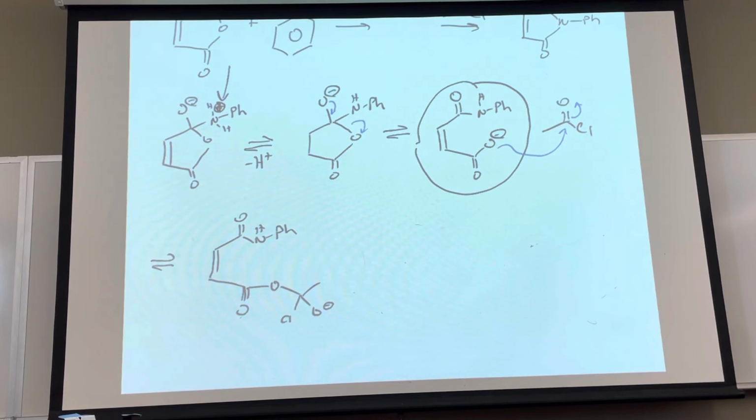So all I did was have the O- of the carboxylate attack the carbonyl of the acid halide. And so we get an intermediate like this, another tetrahedral intermediate. That was step 1 of a nucleophilic substitution mechanism. Step 2 is always reform the carbonyl and kick out the leaving group. So that's what I'm going to do now: reform the carbonyl and kick out the halide leaving group.